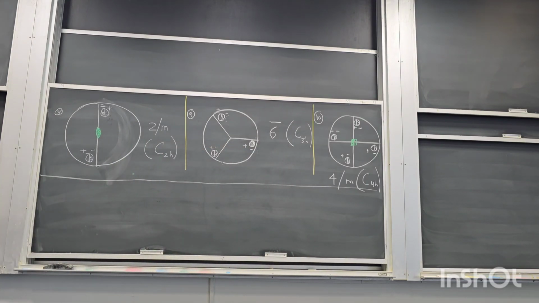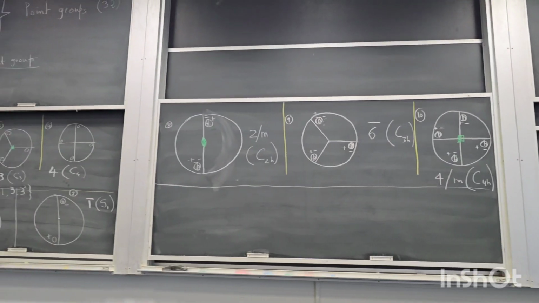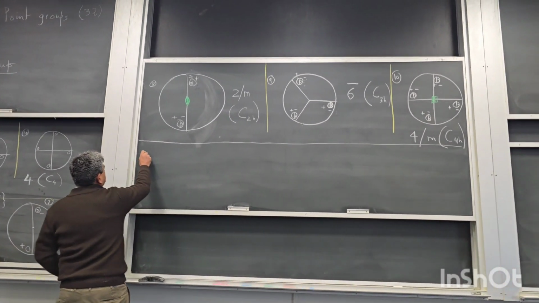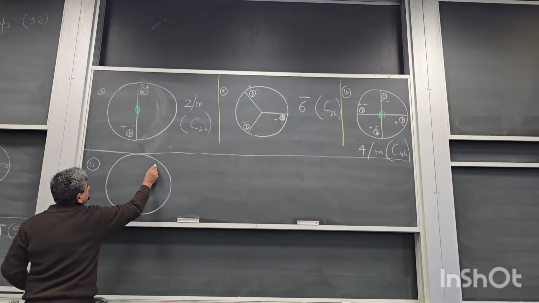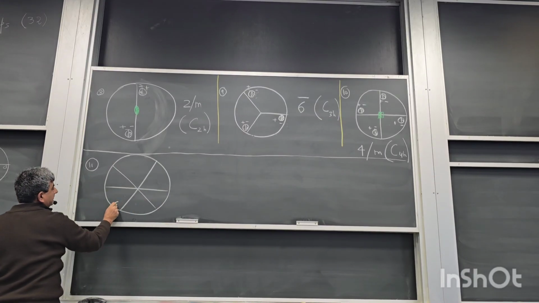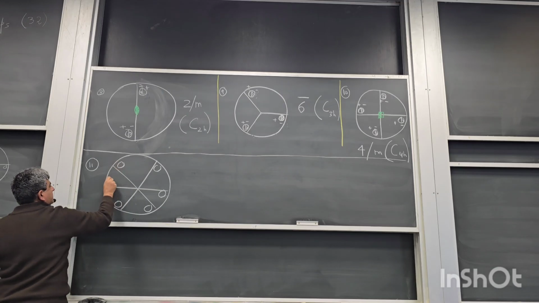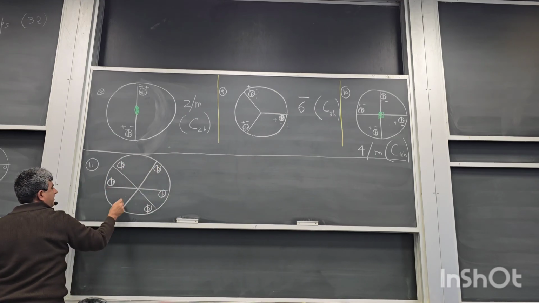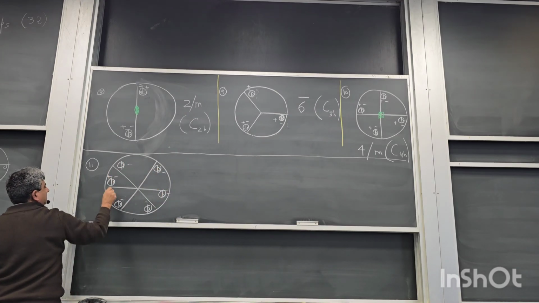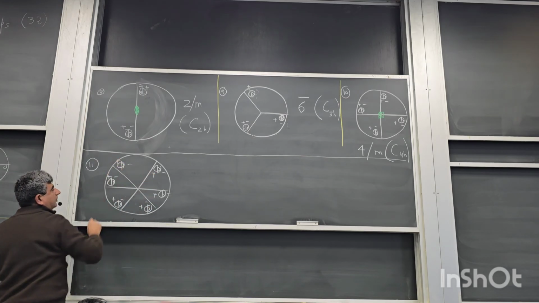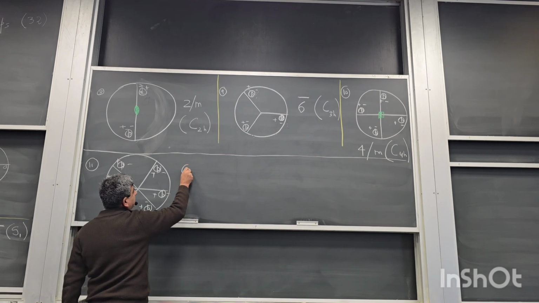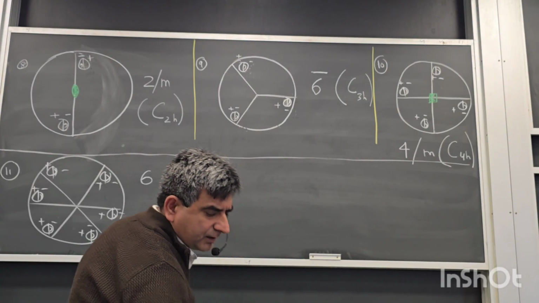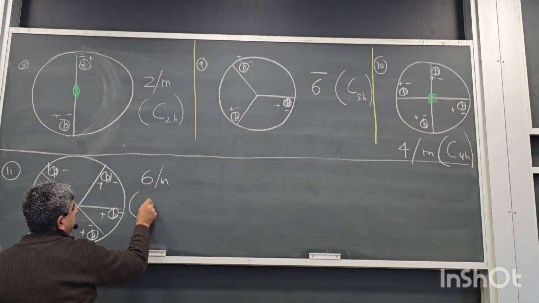The 11th group is formed by adding a mirror plane here. Okay, and this is 6, and the symbol for this is 6/m, C6H.